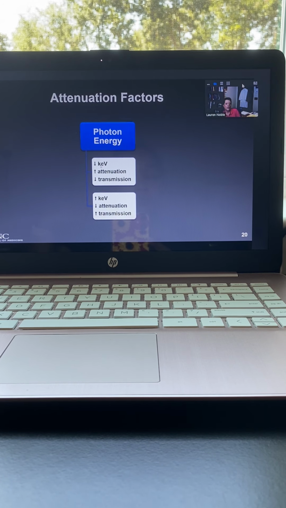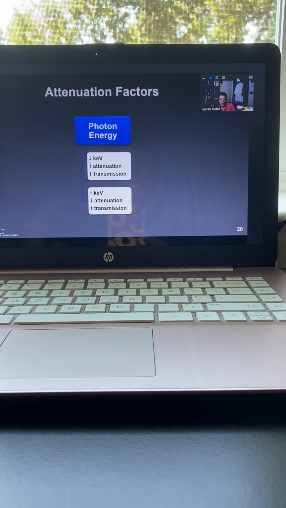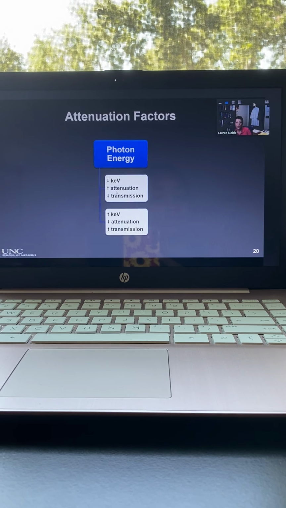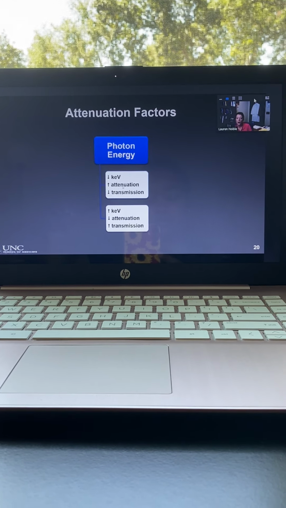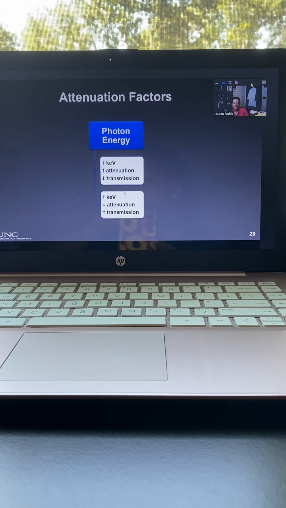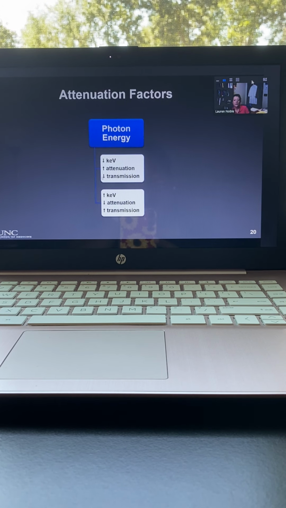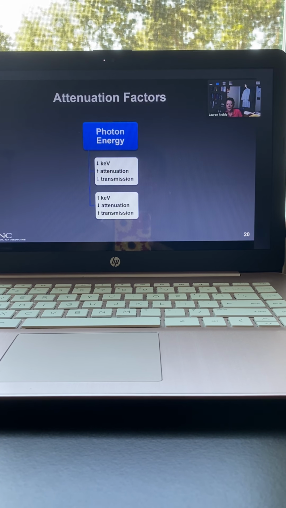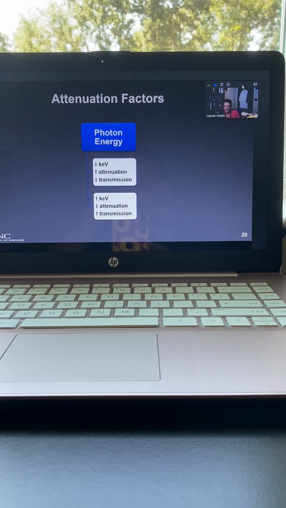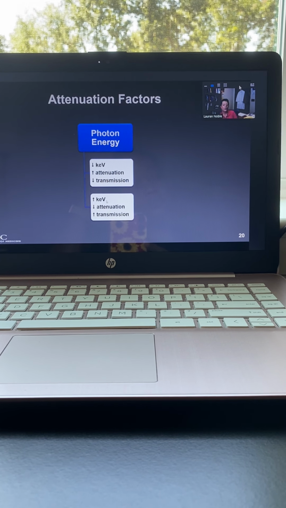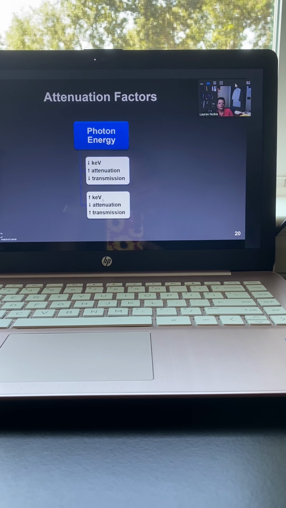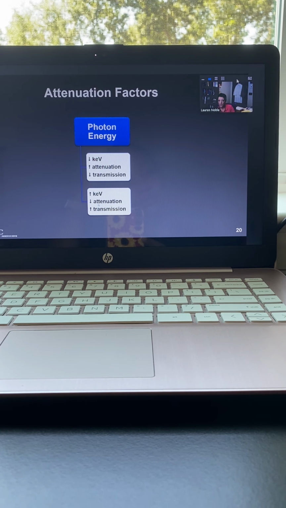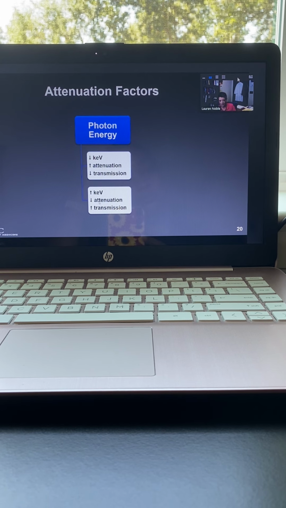If the energy of the photon is lower, so we have lower keV, lower energy, we have a greater chance for attenuation to occur. Greater chance for attenuation, lower chance for transmission. As the photon energy goes up, we're going to decrease the chances that it's going to interact with an electron. It's just going to blow right by the atoms.